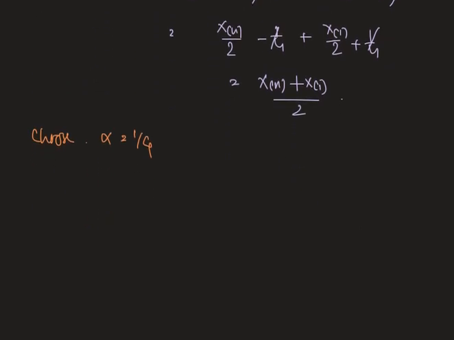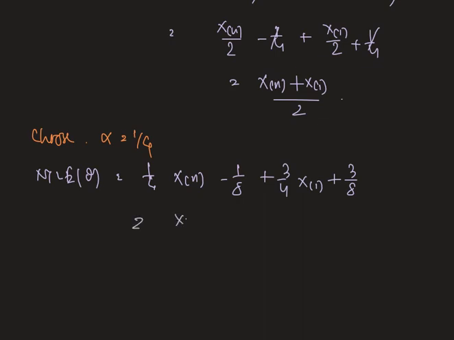Now if alpha equals 1/4, then the MLE reduces to 1/4 x order n minus 1/8 plus 3/4 x order 1 plus 3/8.